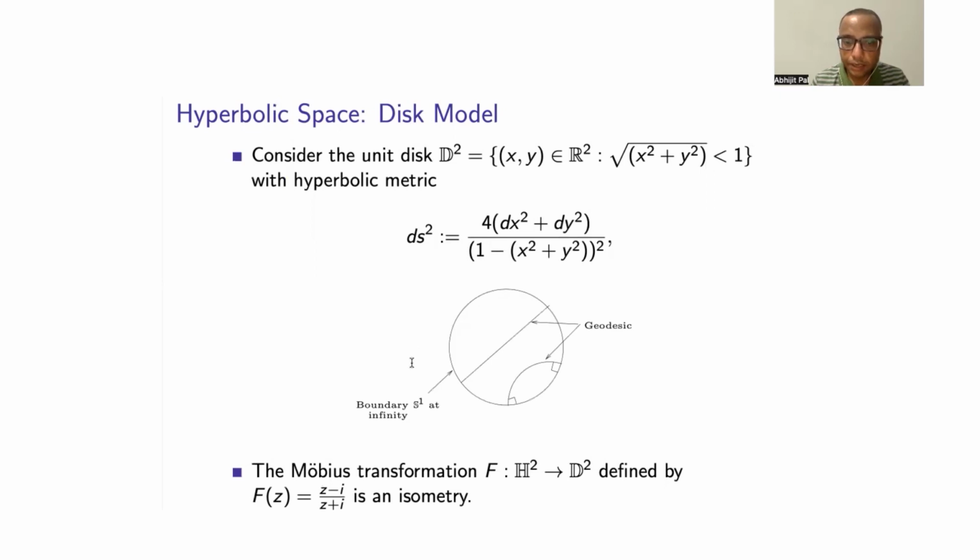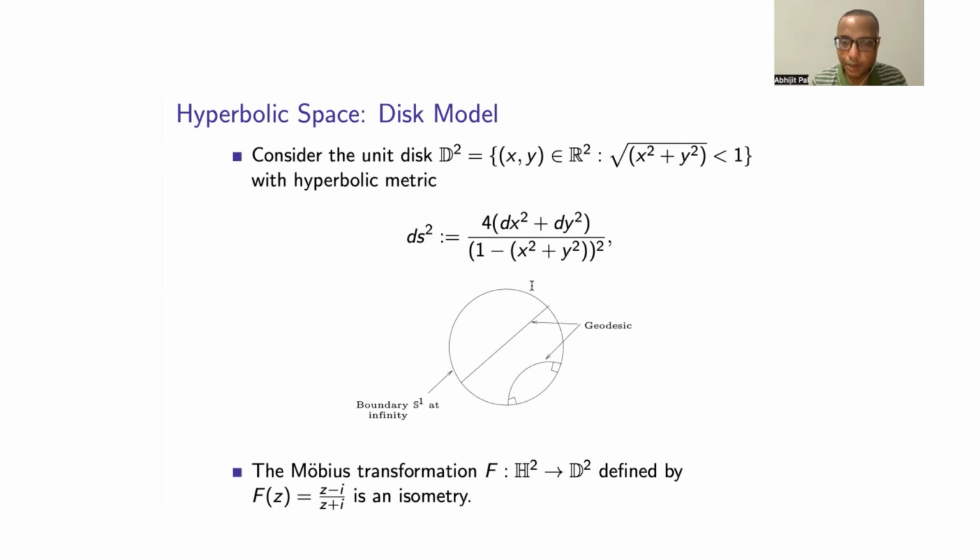Given this metric, suppose you have a map from H2 to D2, f(z) equal to (z minus i) by (z plus i). Now H2 is equipped with a metric and D2 is equipped with a metric, and this map f is an isometry. The geodesics in the disk model are diameters and circular arcs which intersect the unit circle orthogonally.